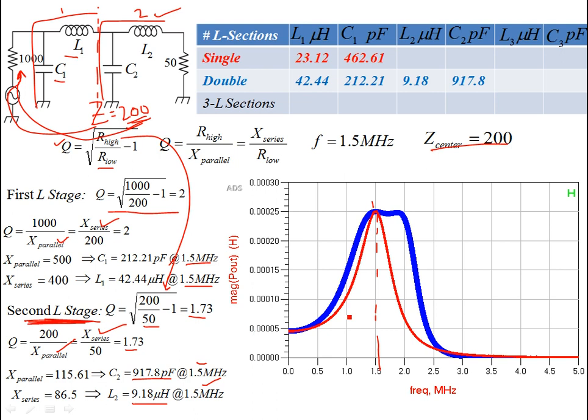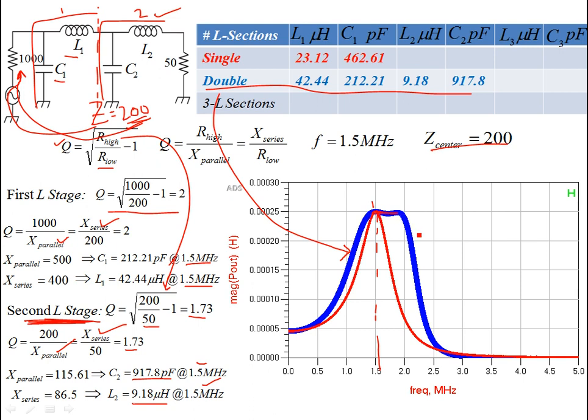At 1.5 megahertz, if you follow this, this double L network is in blue, and this blue curve is the frequency response of the power that you are obtaining at the load side. It does show that at the desired frequency the maximum power is transferred, but there is a certain plateau region over here.